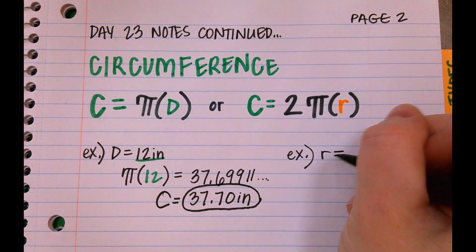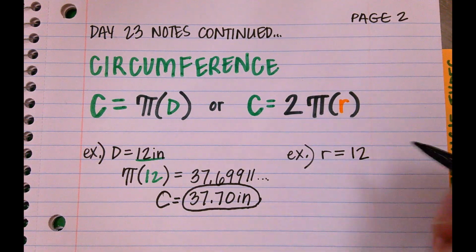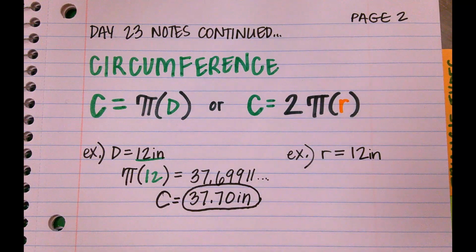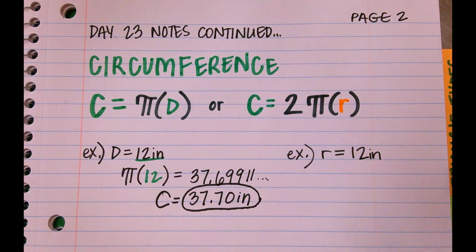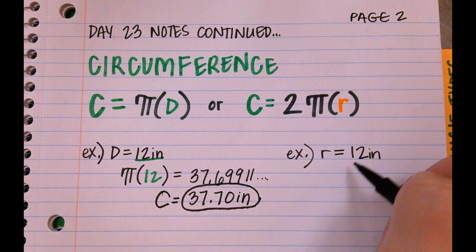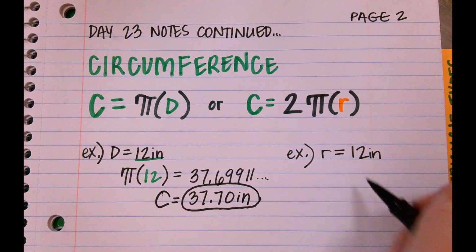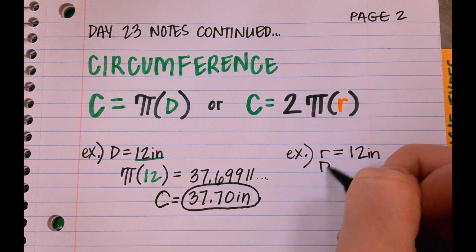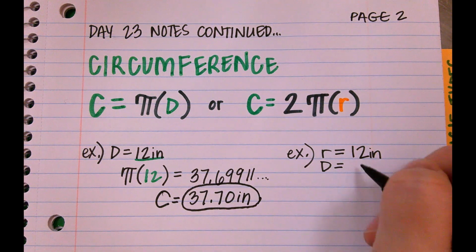So what would we do now if I gave you a circle with a radius of 12 inches? Times that radius by 2, or use that formula that's got that 2 built in. So, real quick, if my radius is 12, what would my diameter be? It'd be 24. Just take that times 2.